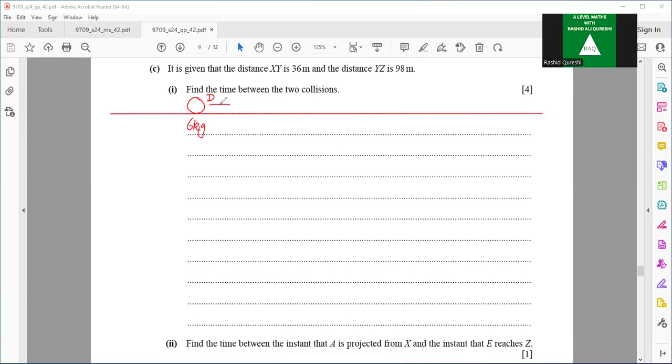And it is moving with the velocity after the collision, it is moving with the velocity of 5 meter per second. Am I right? So particle D is over here. Before this one, the particle will be C over here. That's the particle C.